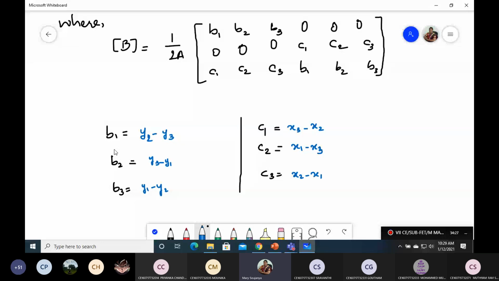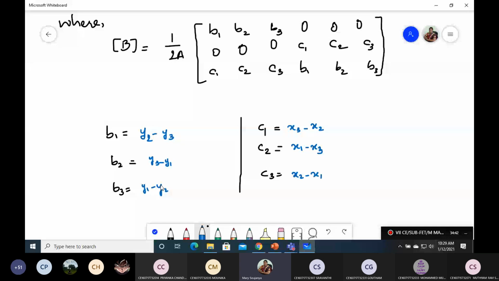Just in case you have to remember, for B1 you will get the other two terms, y2 and y3. You will not have the y1 term. And it goes in the cycle 1 2 3, 2 3 1, 3 1 2. It goes in a cycle format for the B case.